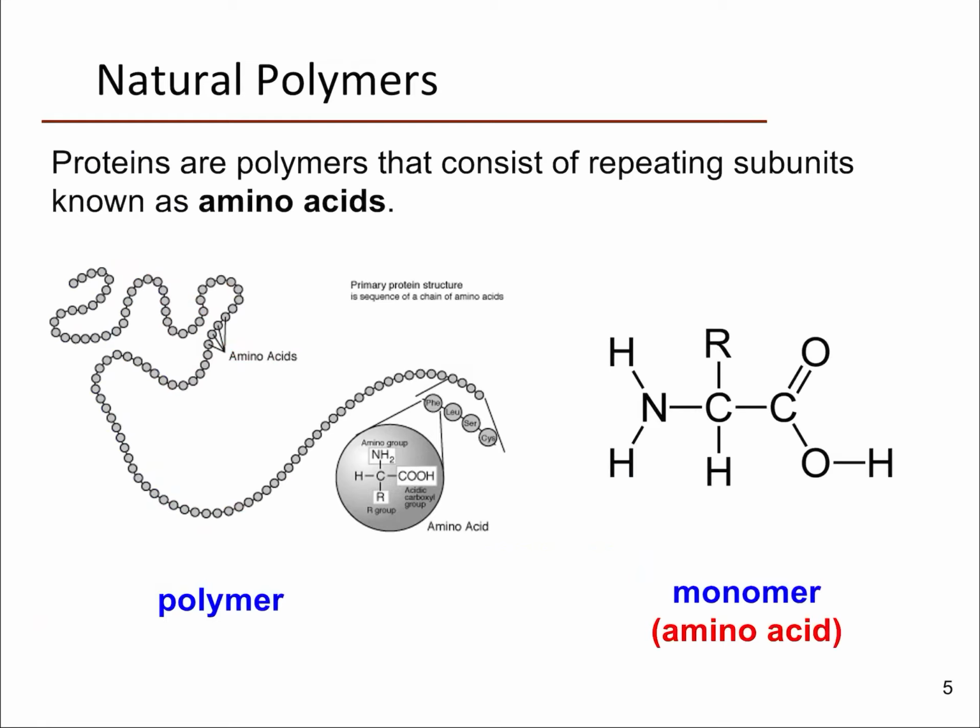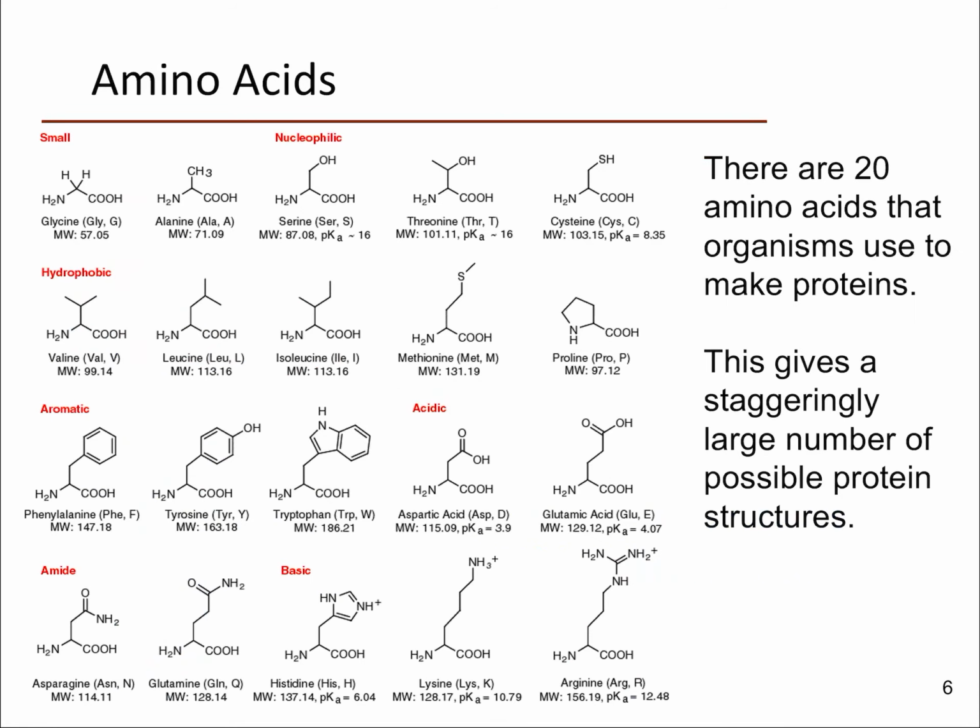Amino acids are all linked together, connected by things called peptide bonds, and what you end up getting are long chains. These chains often will bundle up and make a protein. There are a huge number of possible structures for proteins because there are 20 naturally occurring amino acids that can be used in any combination, and each combination would be a unique protein. And of course you could also vary the length of the chains, so there's a staggeringly large number of possible protein structures.